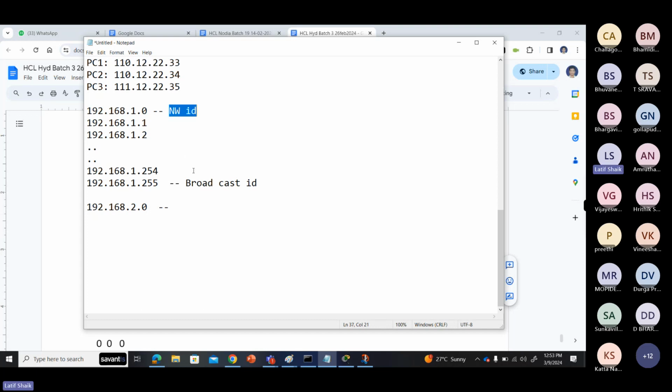Network ID and broadcast ID, we don't assign to any system. This is called the first valid IP address, and this is the last valid IP address.